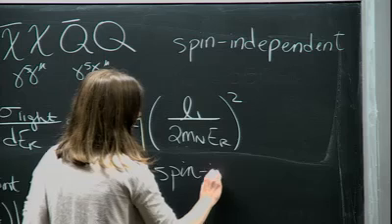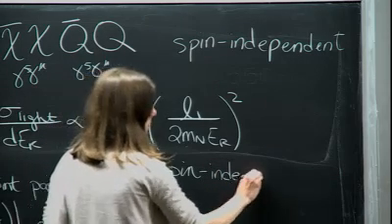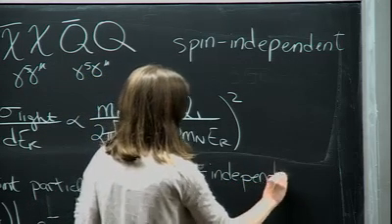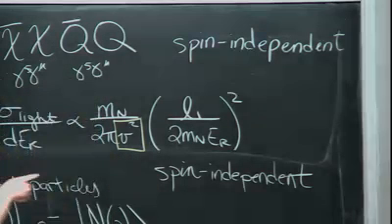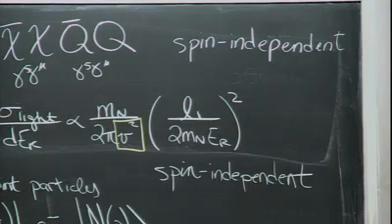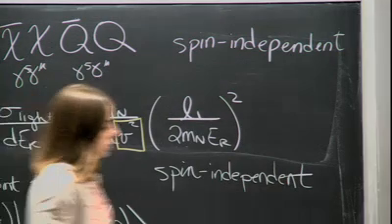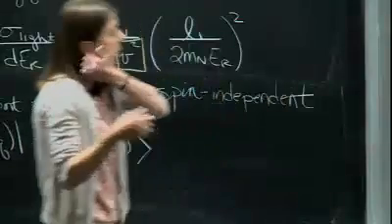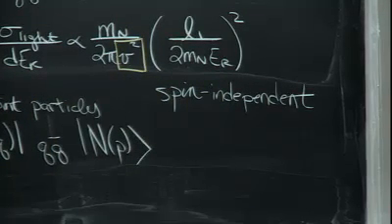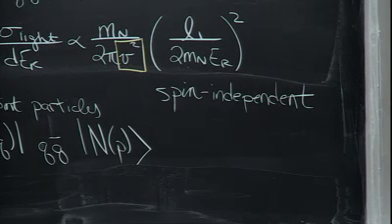When the interaction does not depend on the spin of the nuclei, then that means that the dark matter particle interaction is pretty much the same regardless of which nucleon I scatter off of.